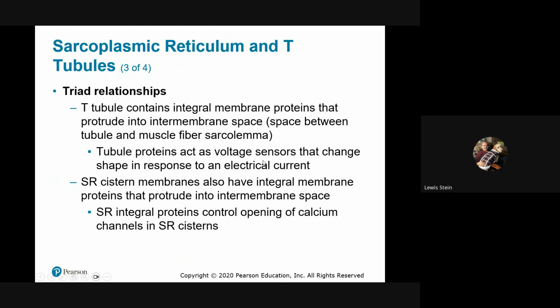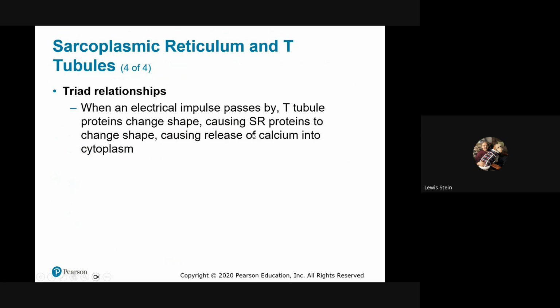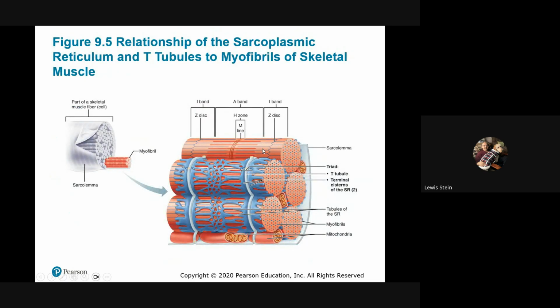That sensor is basically triggered by the electrical current. We call those voltage-gated sensors. Those voltage-gated sensors send the signal to another sensor similar to it in the endoplasmic reticulum to release the calcium. So without going over all the reading material here, effectively that's going to cause a release of the calcium. It looks like this.